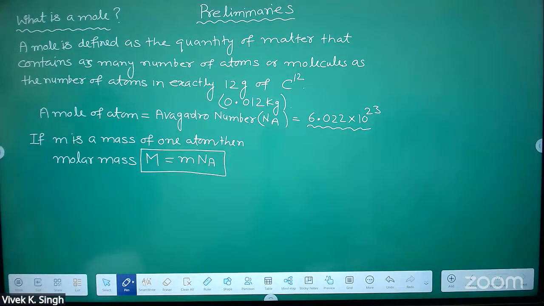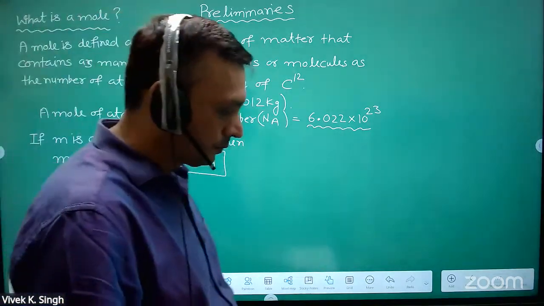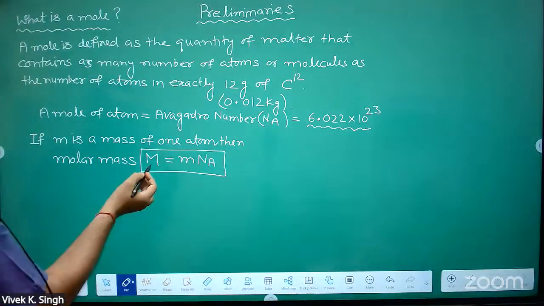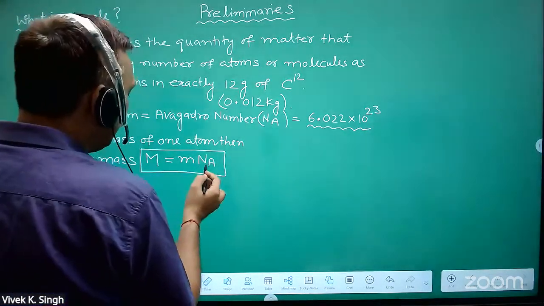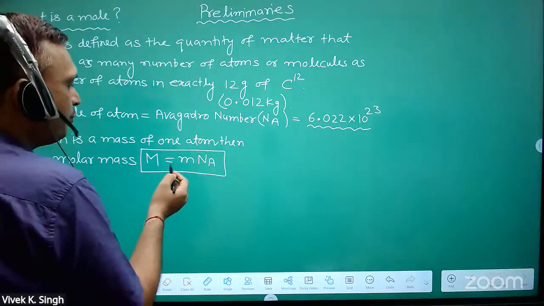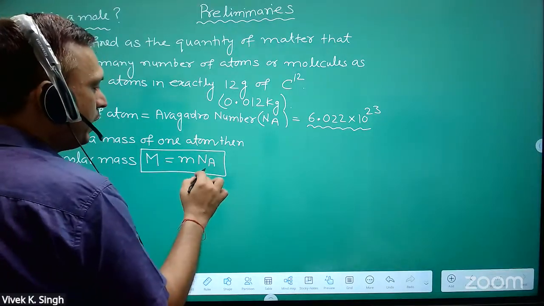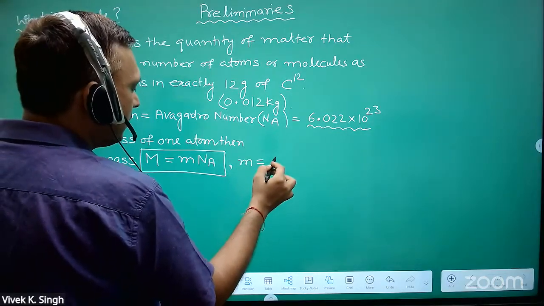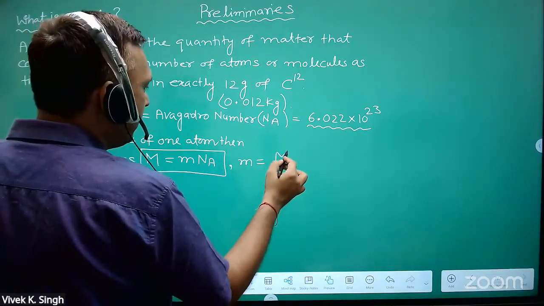This will be the molar mass. Yes or no? Yes, sir. And if molar mass is given and you have to find the mass of one molecule, this will be M by Na.